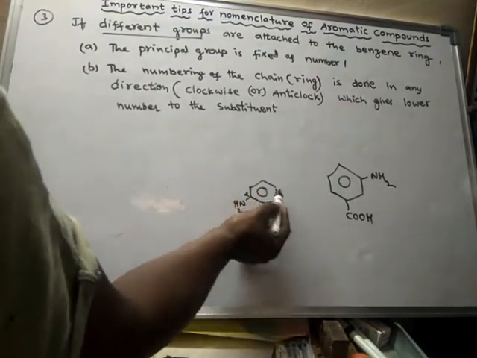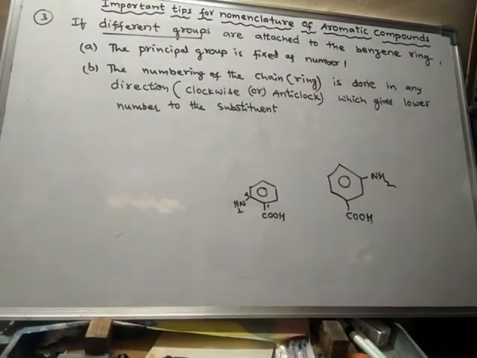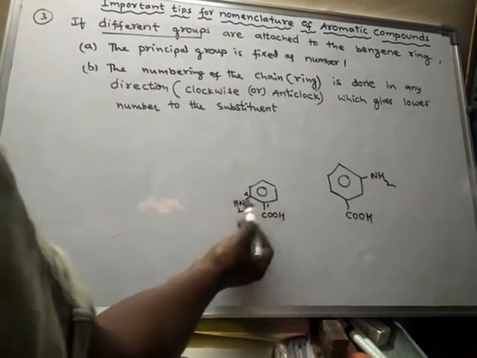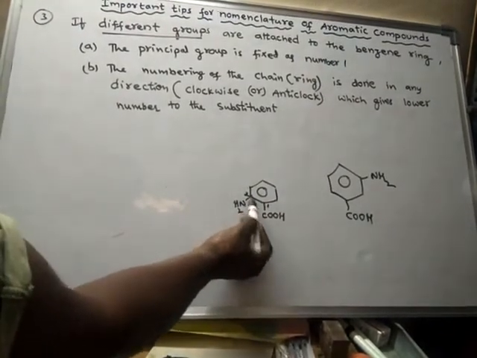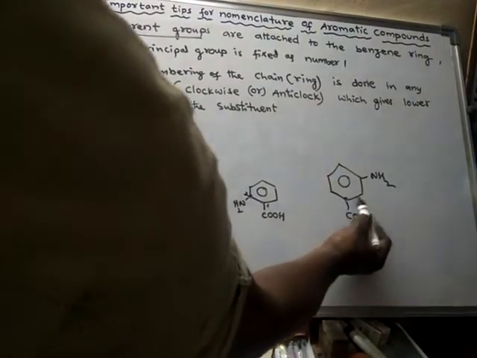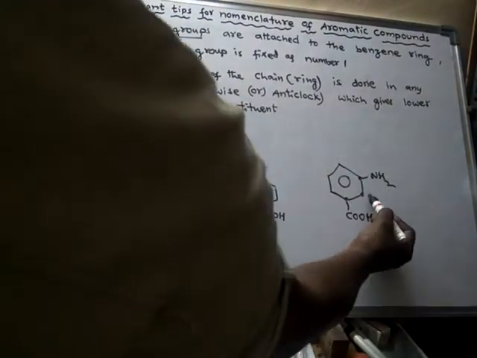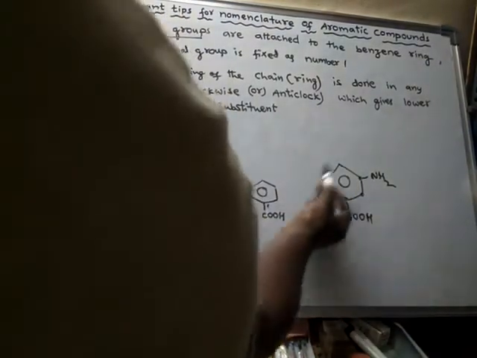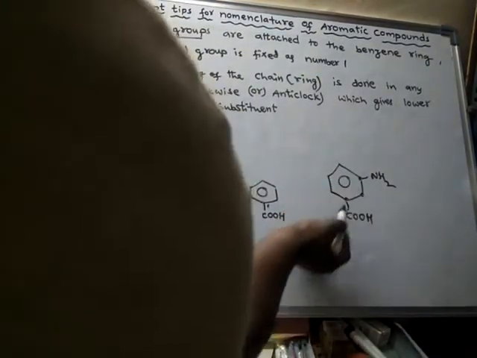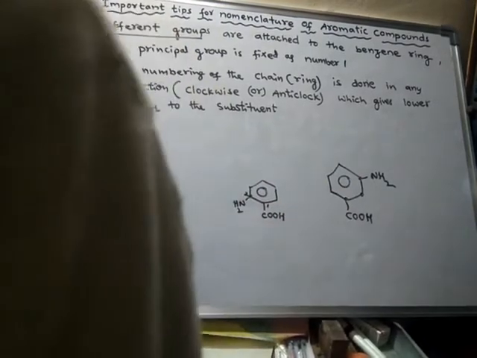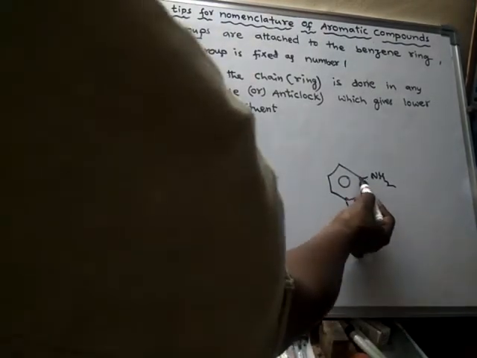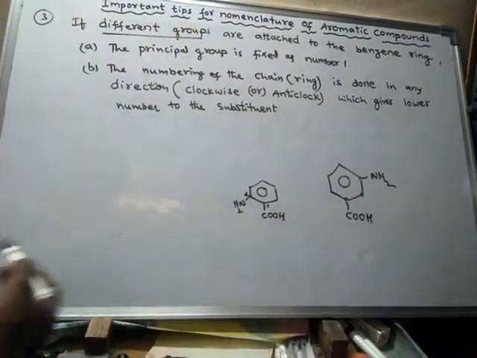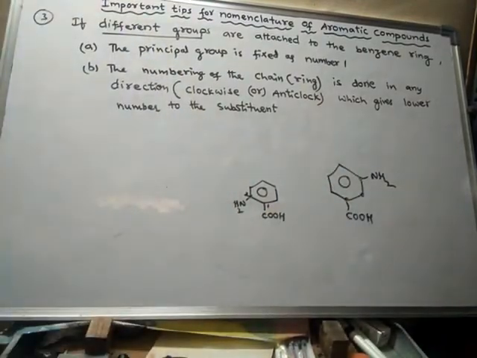If you number clockwise, this carbon gets 2; in the other compound, clockwise gives the 5th carbon, but anti-clockwise gives the 3rd carbon. So we have to number in the anti-clockwise direction.